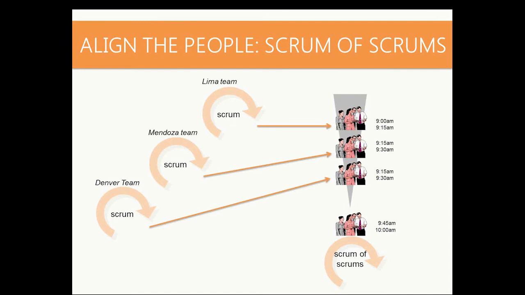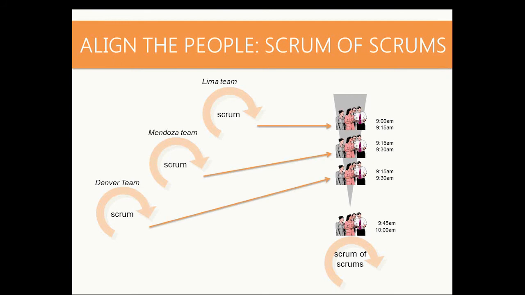Unless the development work is really in a tight spot, we're close to launch, close to go live, or things are extremely difficult, we need a lot of help from upper management in the organization, then I would do it more often, and I have done it daily in the past, but that was by exception. Whereas a Scrum of Scrums, typically daily, I would motivate the teams to do that on a daily basis.